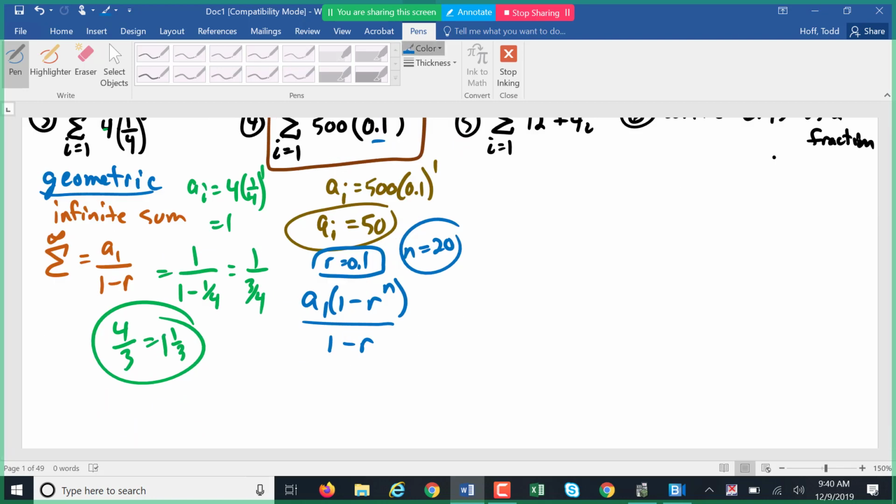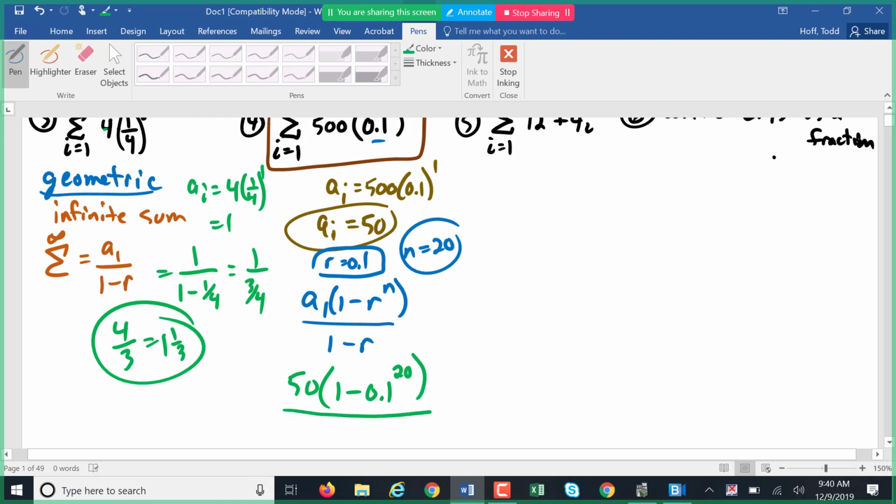So for a finite sum of a geometric sequence, we use that formula. So now let's plug in. a1 is the 50. 1 minus 0.1 to the power of 20, over 1 minus 0.1.